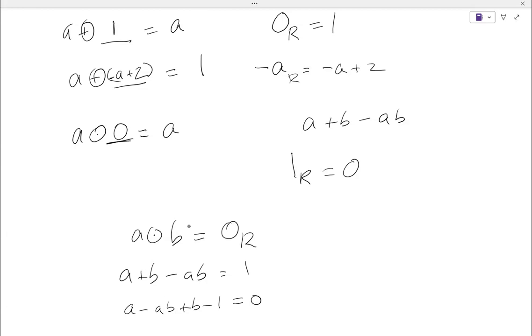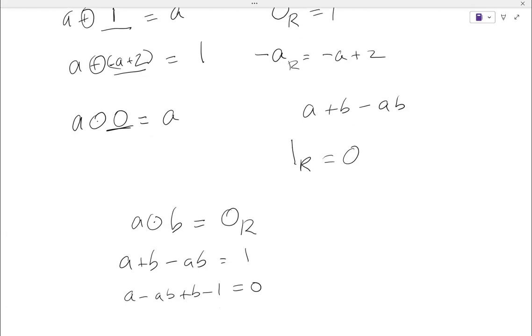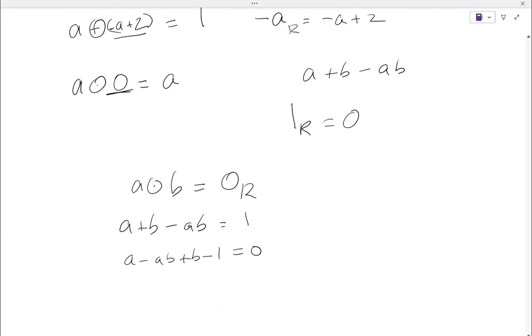How would we factor it? Well, what can I factor out of the first two terms? A. And let's factor out a negative A. If I factor out a negative A, what are you left with? Negative 1 plus B, or better known as B minus 1.